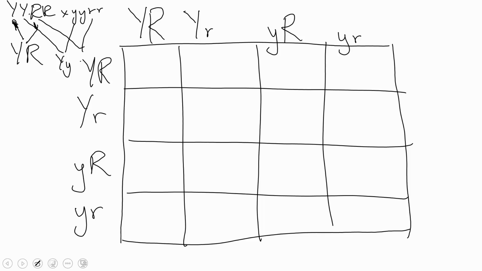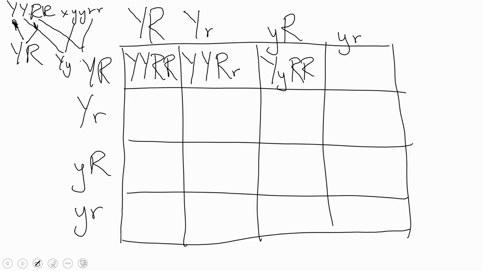So when we cross these in the zygote, what we get is two capital Y's, two capital R's in the first possibility. The second possibility has two capital Y's, one capital R, one small r. And then this next possibility is this combination. And here we are with this combination.